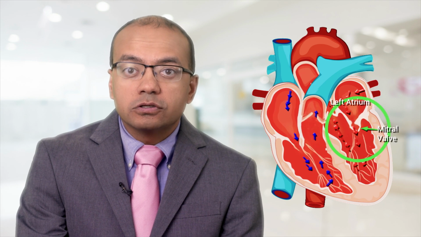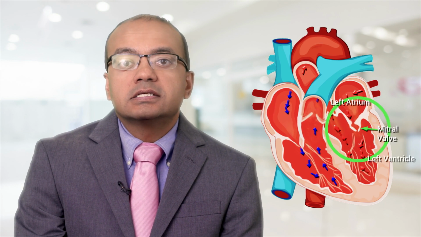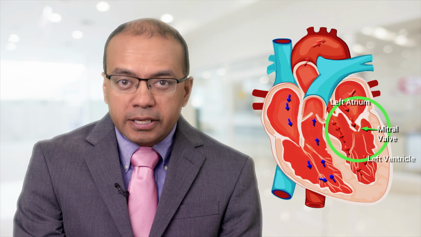So the blood travels through the lungs and goes through tiny little capillaries where oxygen and carbon dioxide are exchanged. And then after the blood becomes oxygen rich, it turns from blue to red. And we know this when we look at the veins in our body. They're blue when we look on our hand. And this red blood returns to the left atrium and then crosses the mitral valve to the left ventricle. And then this is pumped out to the body.